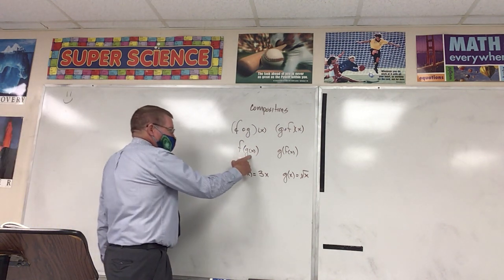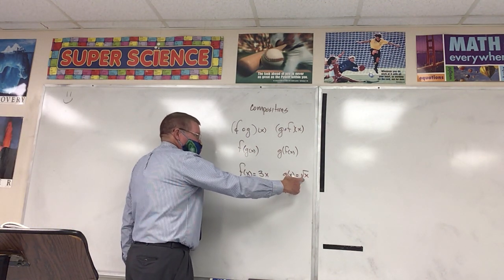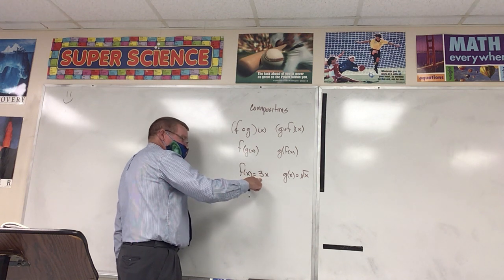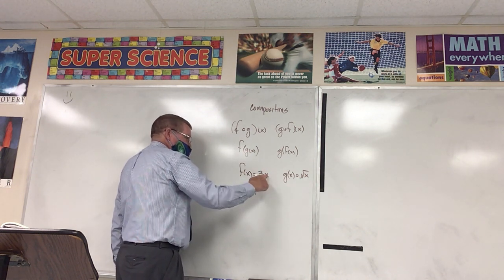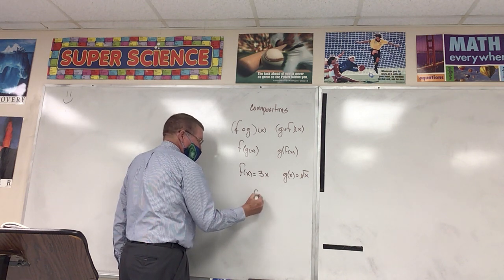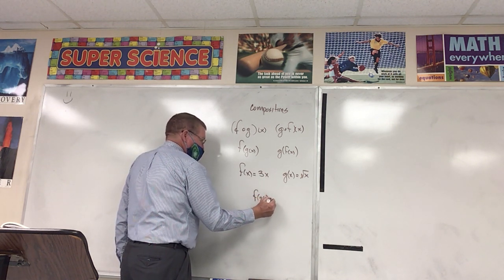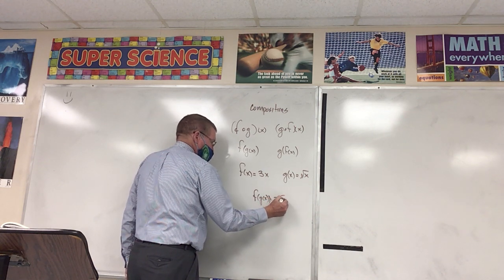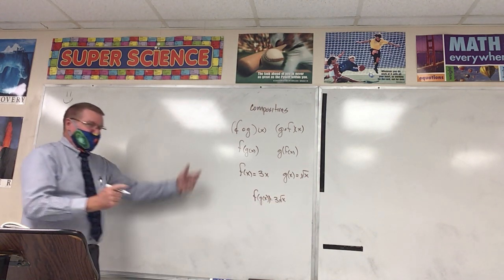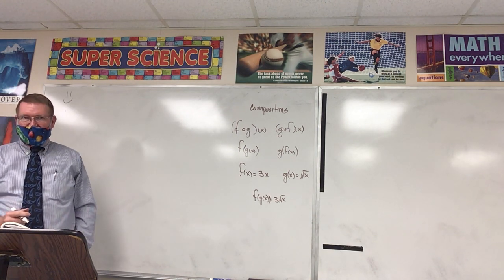If you go f circle g of x, we're going to take the g of x and place it in place of the x in the f of x function. So the square root of x changes out with the x. So f circle g of x equals 3 square root of x. Took the x out, put the square root of x in.